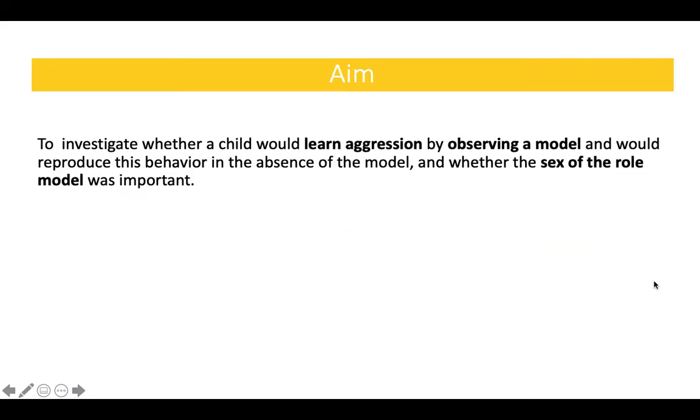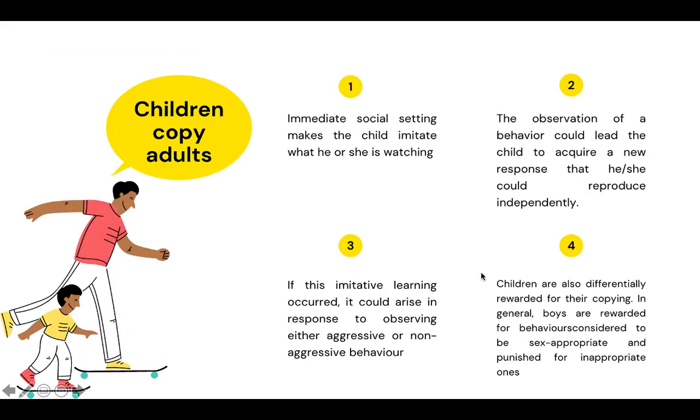Now in the study, the aim is to investigate whether a child would learn aggression by observing a model and would reproduce this behavior in the absence of the model, and whether the sex of the role model was important. Are boys more likely to imitate their dad, or are they more likely to imitate their mom? As we look here, if they imitate their dad, then it will be sex appropriate. The things that their dad does will be sex appropriate.